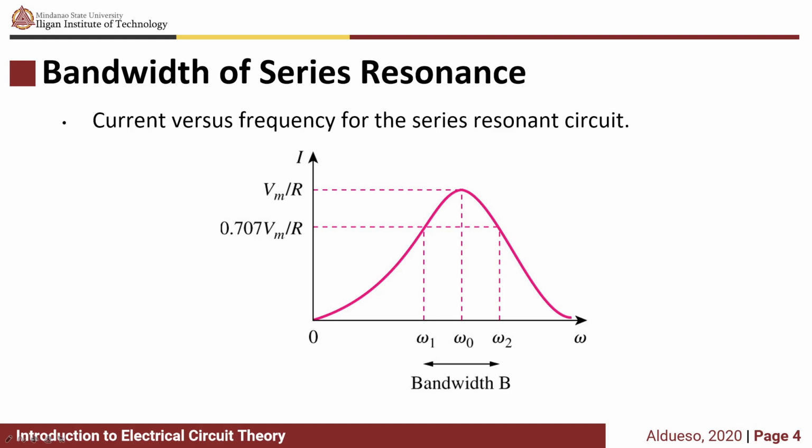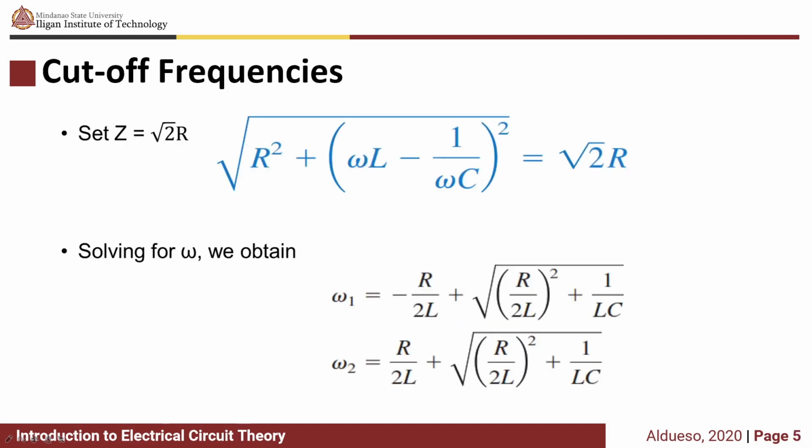At resonance frequency, our I is at its peak, or I is at the maximum value, Vm over R. At the cutoff frequencies or half power frequencies, ω1 and ω2, our I is at 0.707 Vm over R. So for the cutoff frequencies, setting Z equal to square root of 2 R, we will obtain the values for ω1 and ω2 given by this equation: negative or positive R over 2L plus the square root of (R over 2L) squared plus 1 over LC.